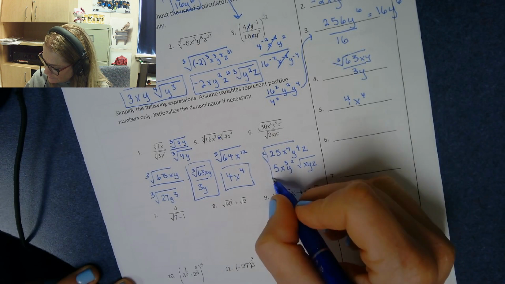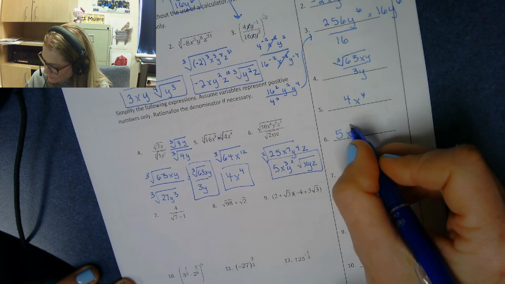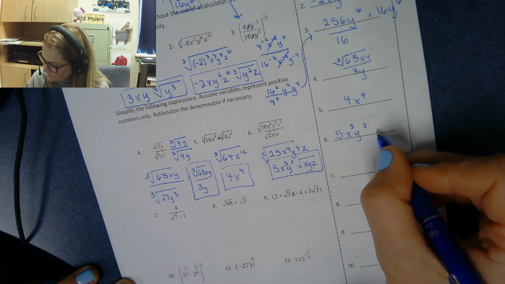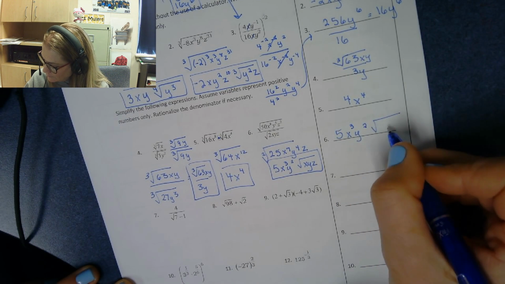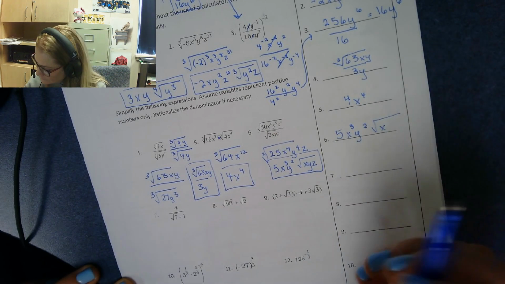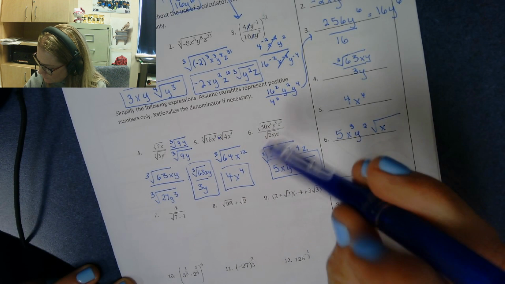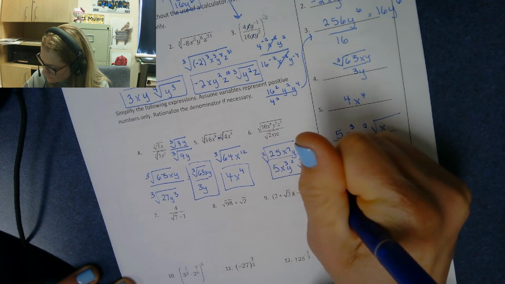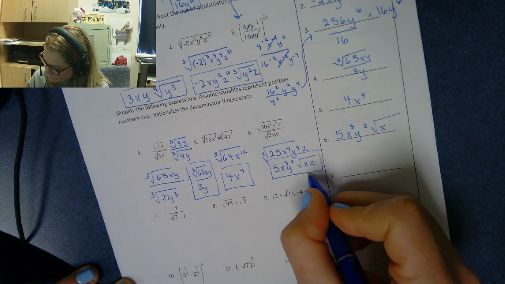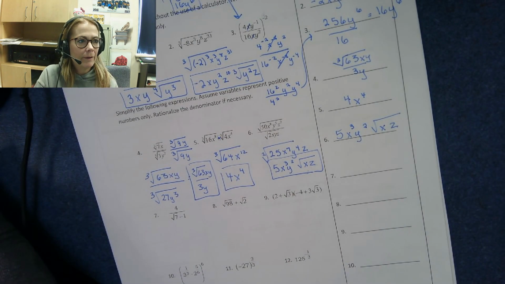So this final is 5x cubed y squared, square root of x, let's see, that's just, there's no y under there, sorry. I'm still focusing on that 5 up there, okay. Okay, and z. So that should be the correct answer for that one.